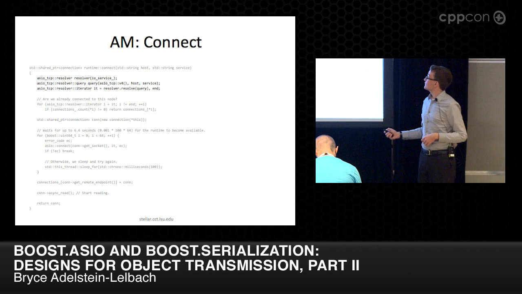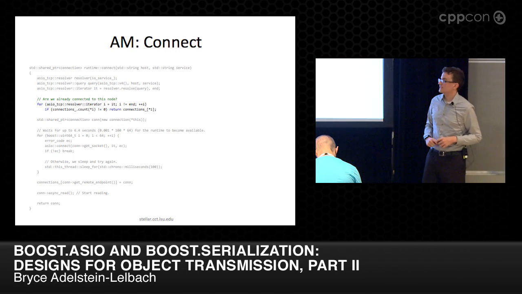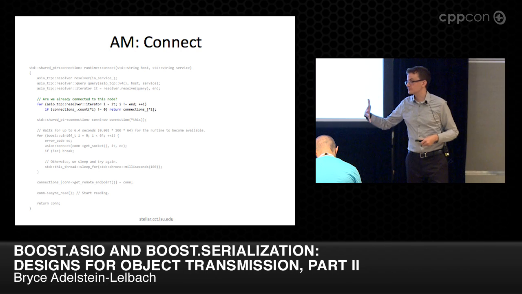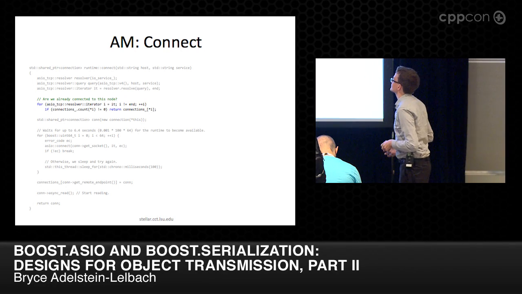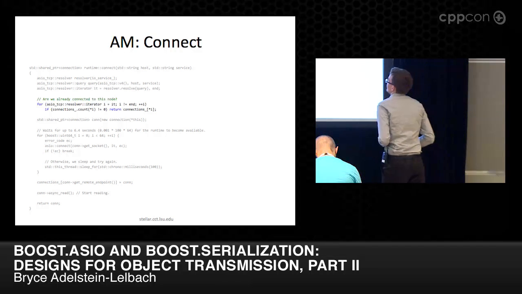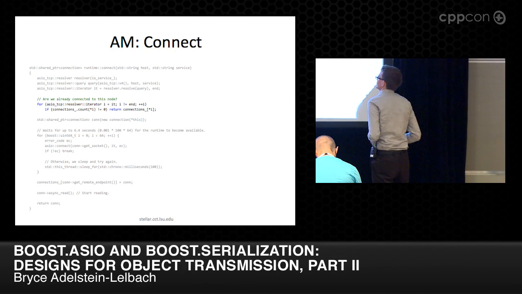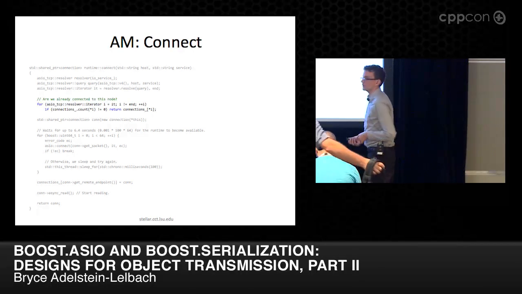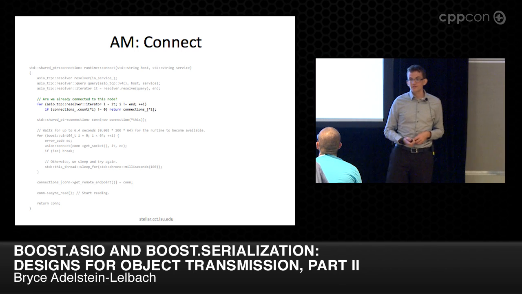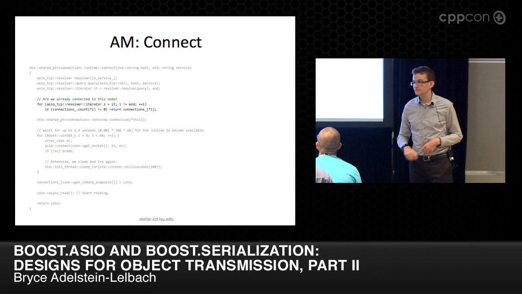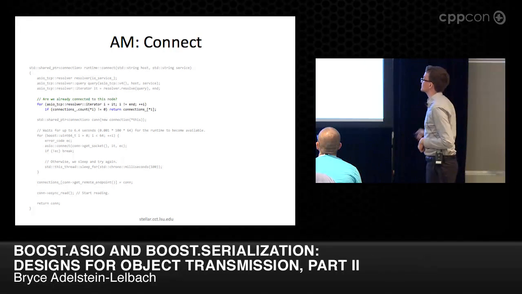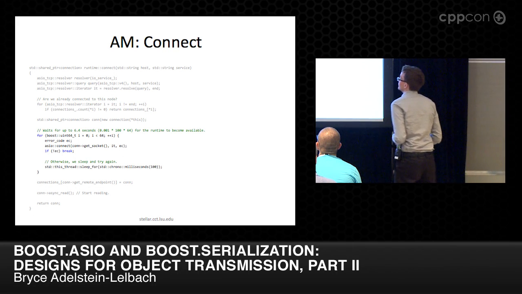And then we've got this resolver iterator, which basically goes through all the resolutions that the resolver picks up. Hopefully, you just have one thing that resolves that address. Then we check, are we already connected to whoever's calling us? Because if they've connected to us in the past, we're going to try to keep the connection alive so we don't have to go through this process again.